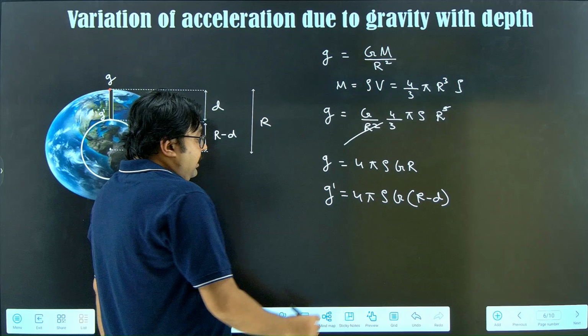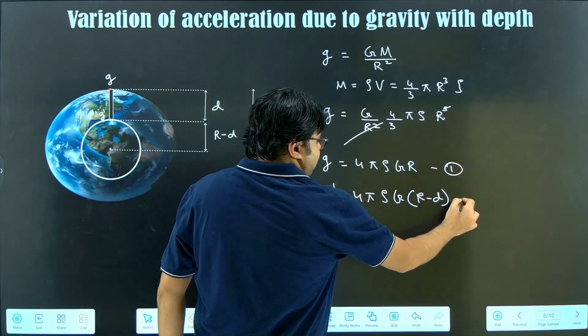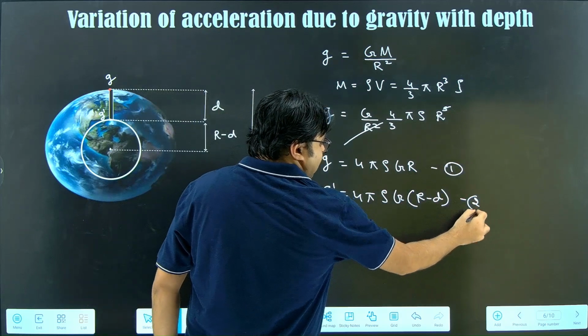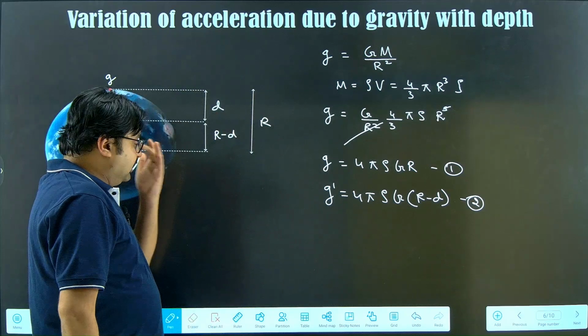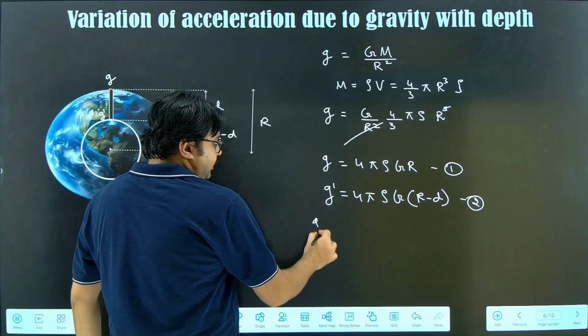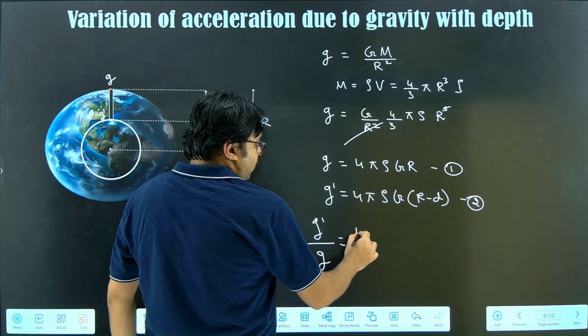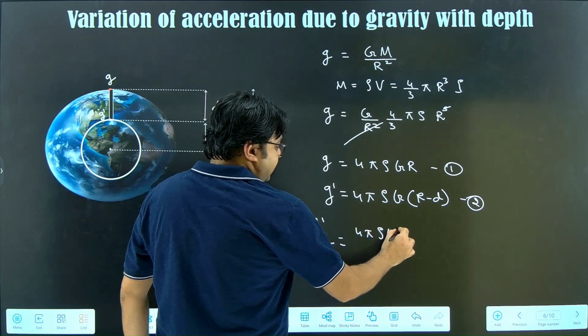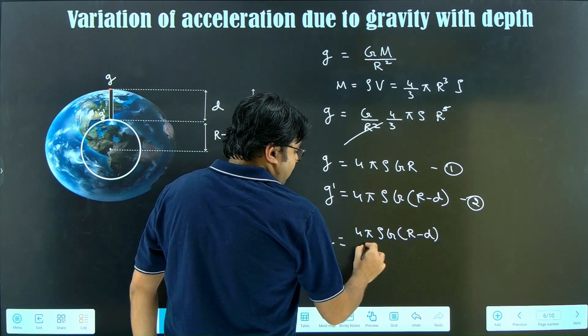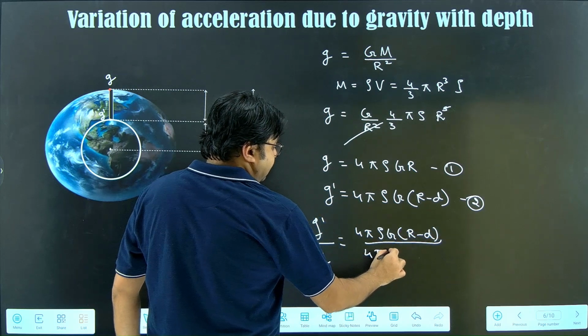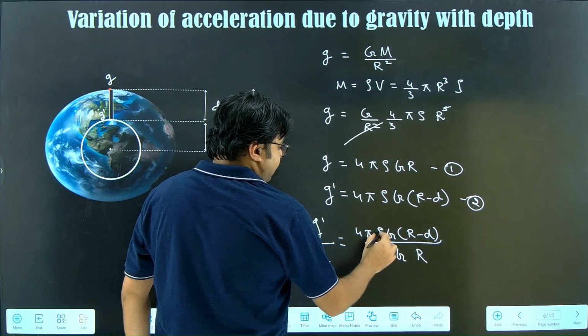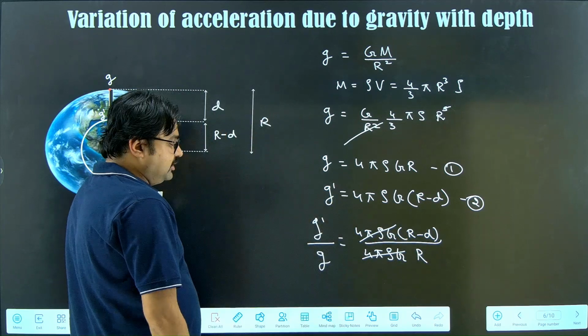Going further, you can now write a relation between g and g dash. Let me call that equation 1 and equation 2. Let's divide both the equations. If you divide both the equations, you will have g dash by g equal to 4 pi rho G multiplied by R minus d, whole thing divided by 4 pi rho G multiplied by R. 4 pi rho G and 4 pi rho G get cancelled.